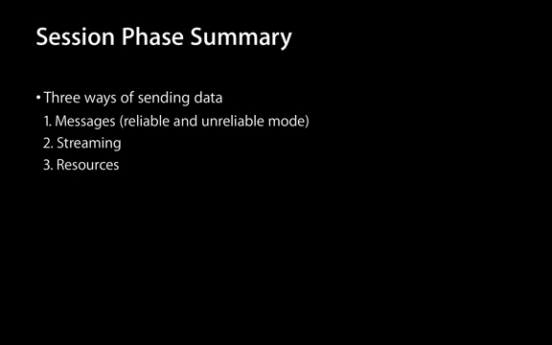So, the session phase summary. We've described 3 sets of send data APIs for you. We have support for messages, and we support reliable and unreliable mode. We have support for streaming, and we have support for sending resources. And that's really it.